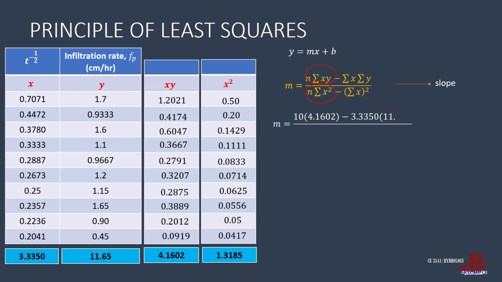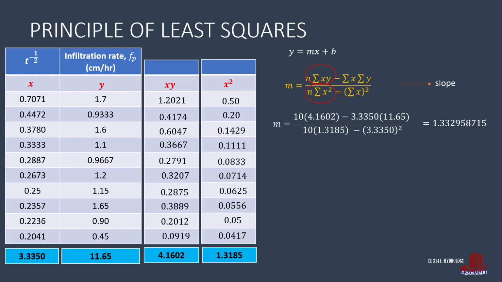The slope m is then the number of entries, which is 10, multiplied by 4.1602, less the product of 3.335 and 11.65. These are all divided by 10 times 1.3185 less the square of 3.335. The slope is then computed as 1.332958715.